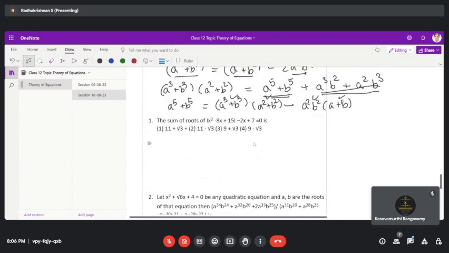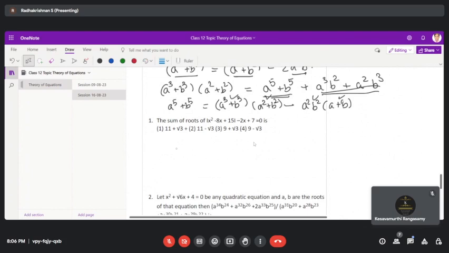Okay. So let's do the next problem. So here, this is a problem combining modulus and quadratic equation. Okay. So I'm seeing many such problems also. Combining modulus and quadratic equation. So you have to practice these kind of problems. Okay.